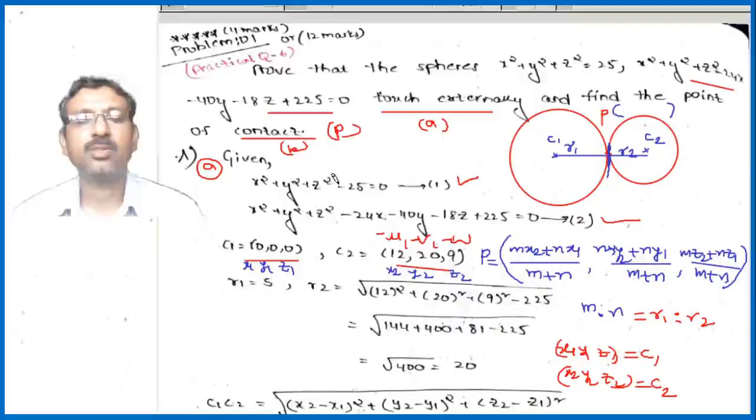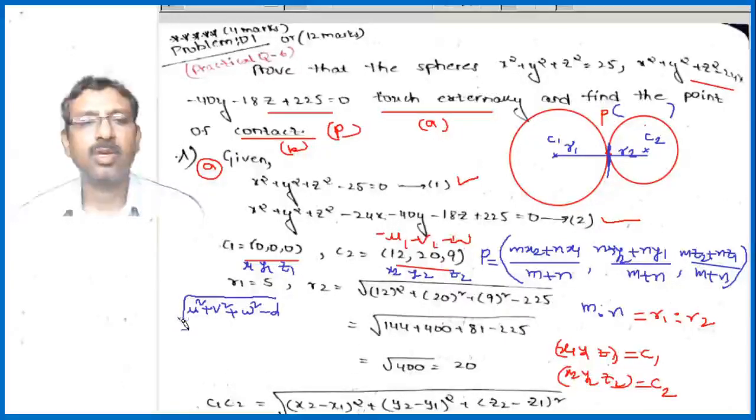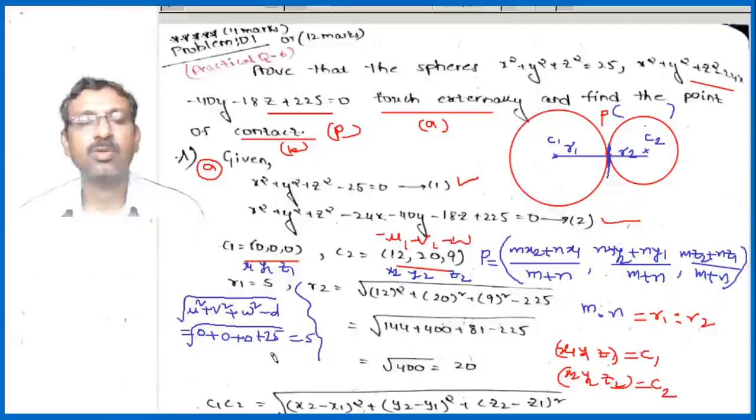Here the radius of the first sphere is 5. Why? If the center is the origin, the square root of the constant will be the radius, or we can use the formula for radius, square root of u square plus v square plus w square minus d. Here u is 0, v is 0, w square also 0. Here d is minus 25, minus d is plus 25, square root of 25, that is 5.